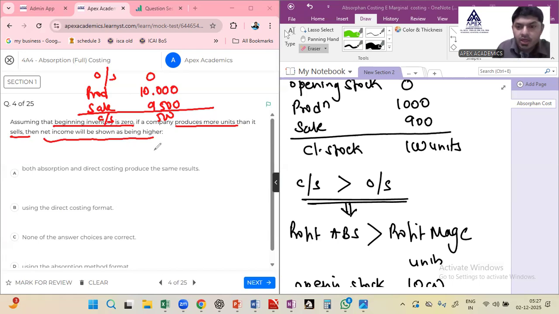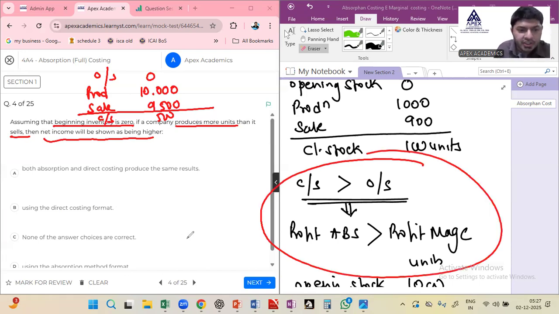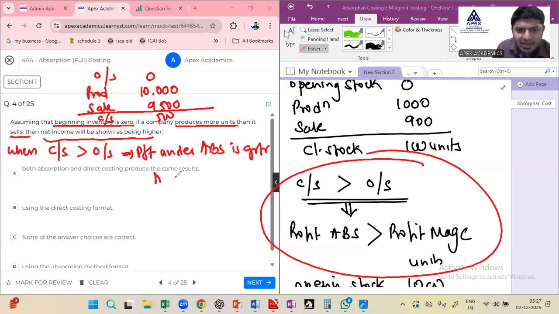In this scenario, if we take a closer look at our cheat code, the profit under absorption costing is going to be higher than the profit under direct or marginal costing. So I'm writing over here that when the closing stock is greater than opening stock, the profit under absorption costing is greater than the profit under marginal costing.